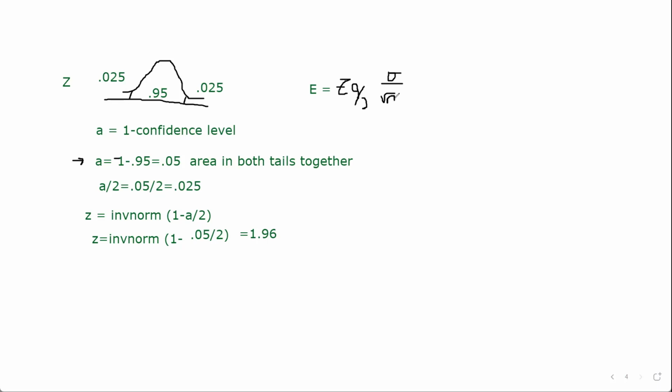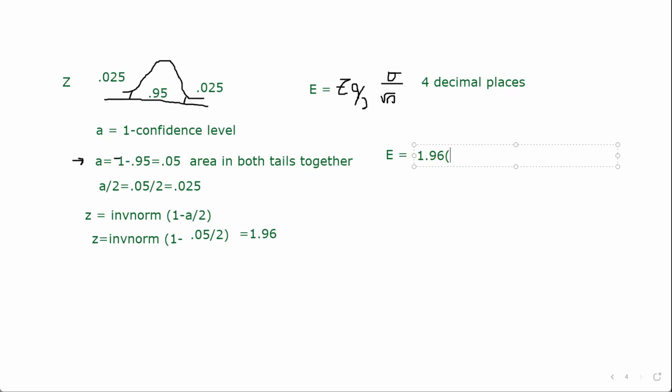You're going to take this to 4 decimal places. This calculation generally goes to 4 decimal places. The z normally goes to 2. If you took it to 4, don't worry, she's not going to quibble, but this calculation goes to 4. So here, this error term is going to be 1.96 times my sigma.